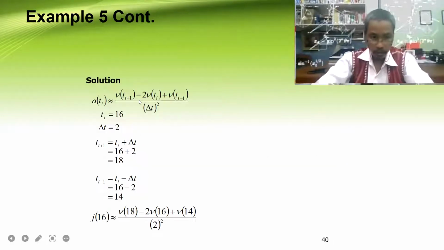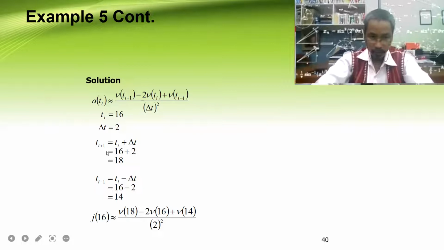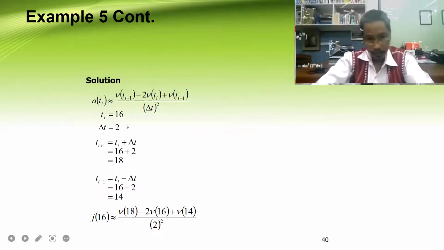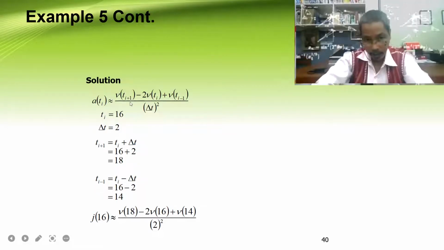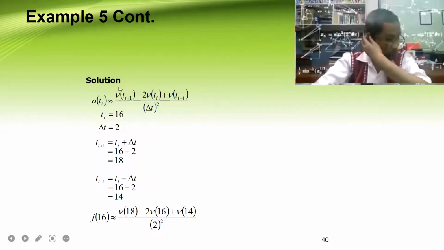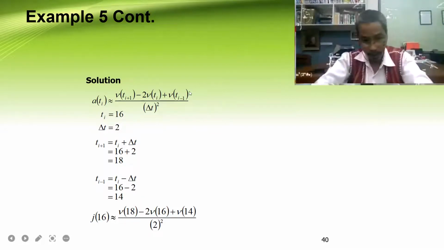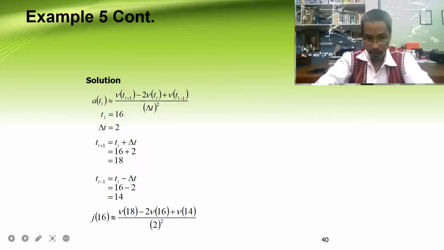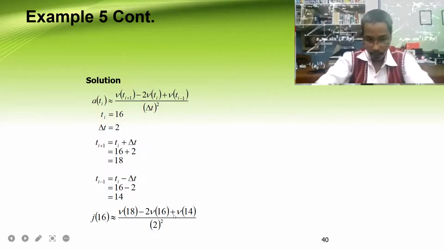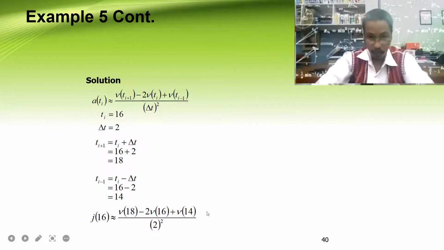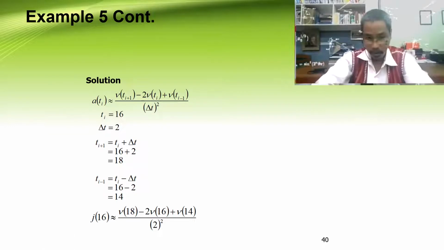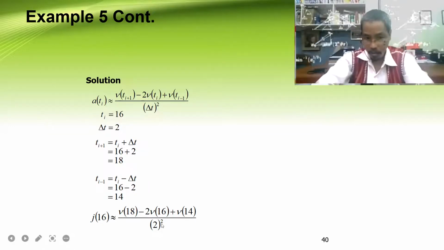Solution. We need to calculate the values for B18, B16, and B14. We already know those from the previous example, and divide by 2 squared.